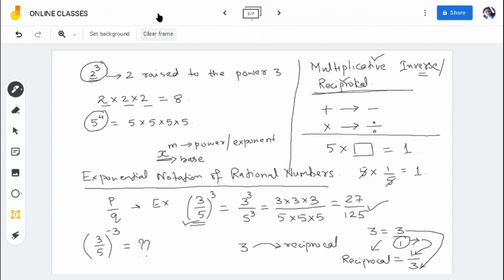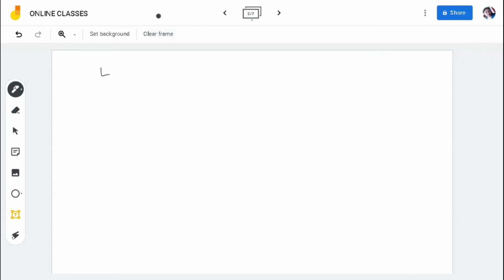So we have learned the reciprocal of any number. Just suppose one more example I am giving you. If I want to find out the reciprocal of 7, then this is 7 by 1, so its inverse will be 1 by 7, or its reciprocal will be 1 by 7, right? This is for 7 to the power 1.